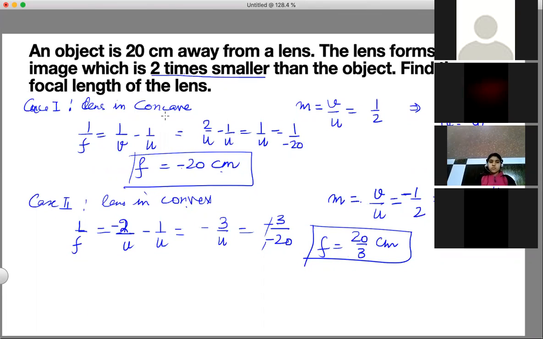The first thing I can ask is, is the lens concave or convex? The second I can ask is, if it is a concave lens, then solve. Then I can ask, if it is a convex lens, then solve. So that way, this question can come in a case-based question also. So you saw that we have to use the theory as well as the formula together. And it also helps us check our answers.